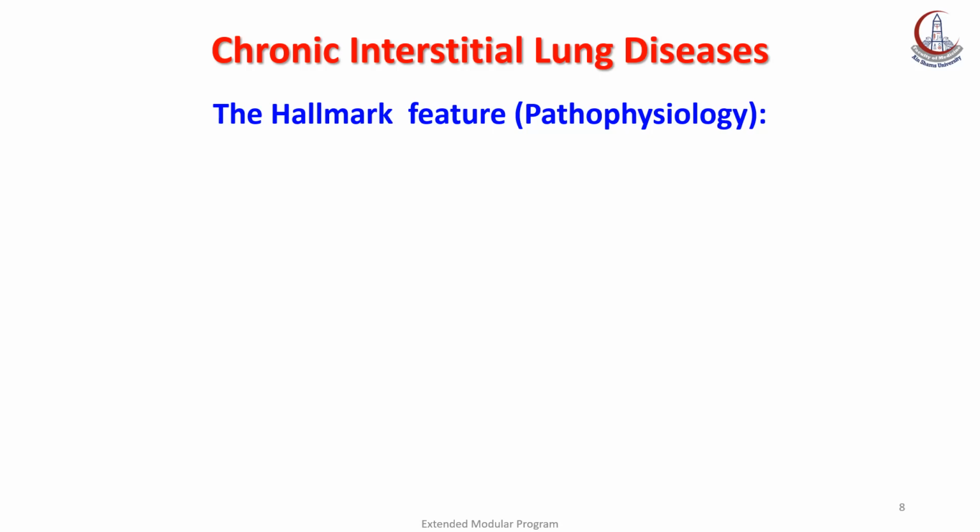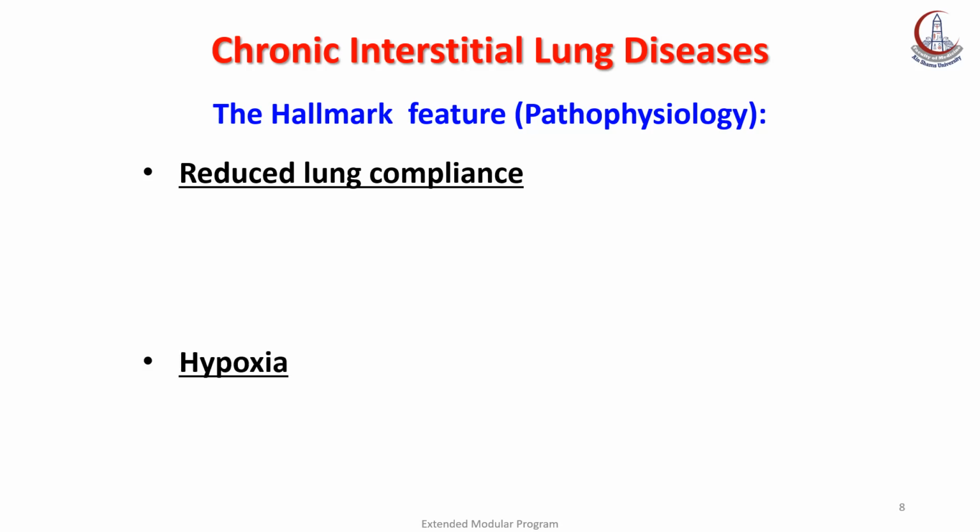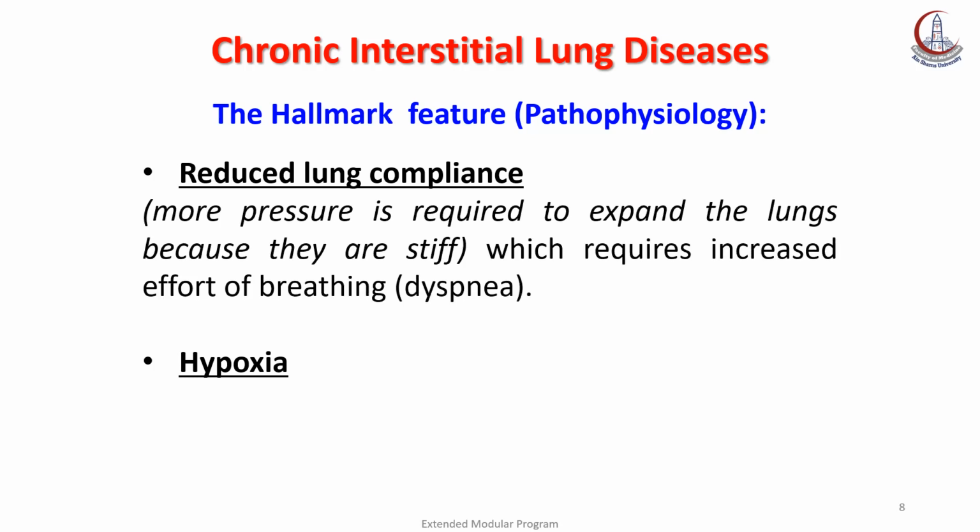In chronic interstitial lung diseases, the hallmark pathophysiology of that lesion is two parts: reduced lung compliance and hypoxia. Reduced lung compliance leads to more pressure and more effort by the person to expand his lungs because they are very stiff, which requires increased effort of breathing. So the patient is dyspneic.